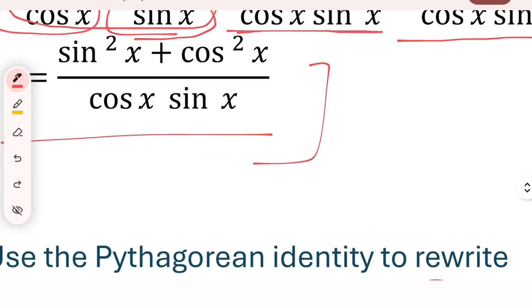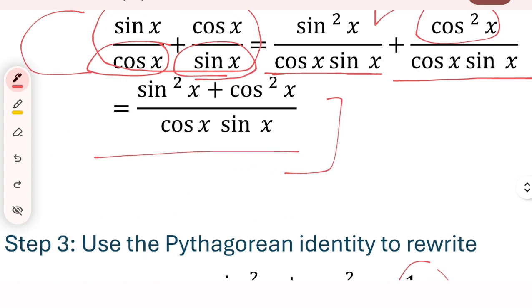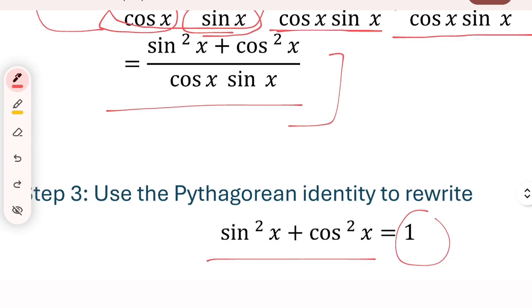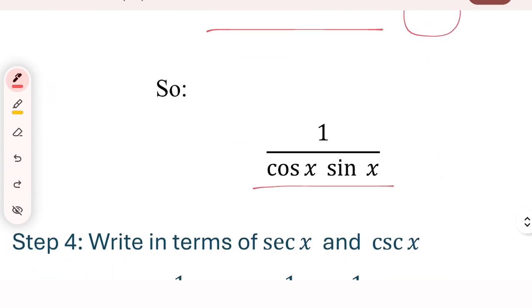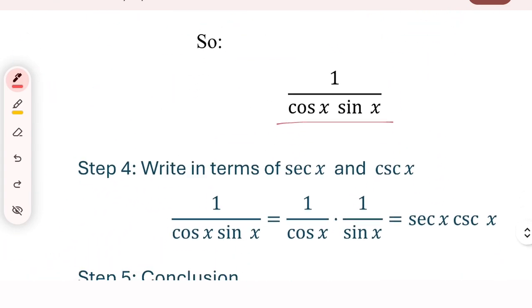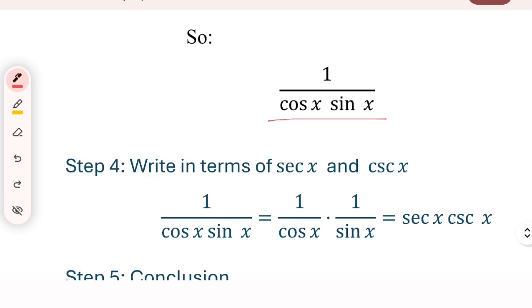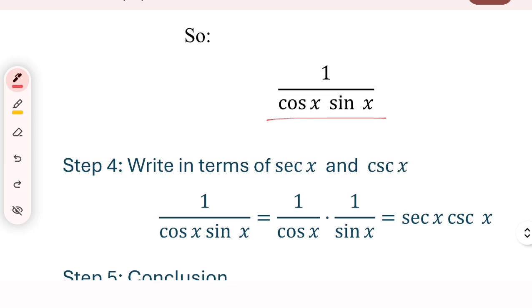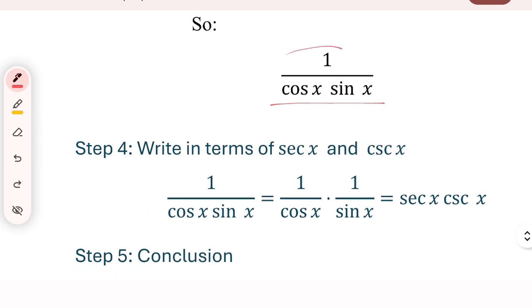So we have it in terms that lead to secant x and cosecant x. I'm just rewriting it here.